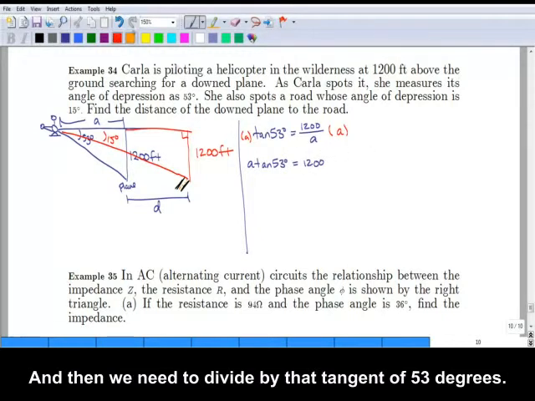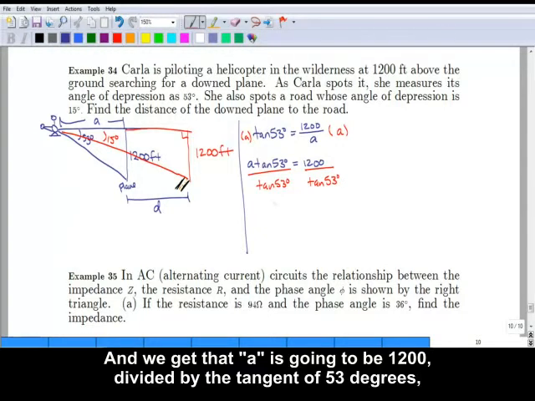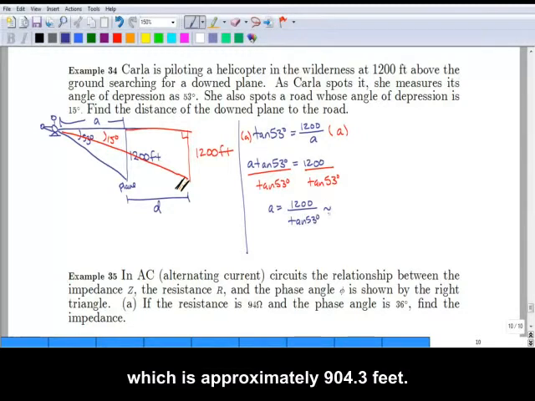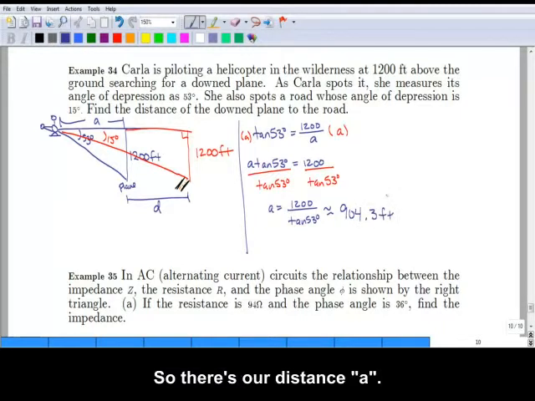And then we need to divide by that tangent of 53 degrees. And we get that A is going to be 1200 divided by the tangent of 53 degrees, which is approximately 904.3 feet. So there's our distance A.